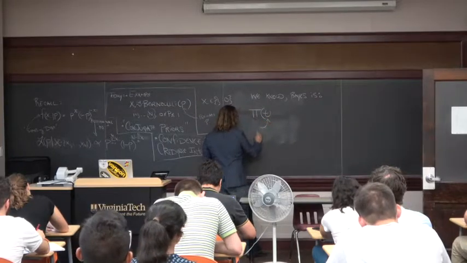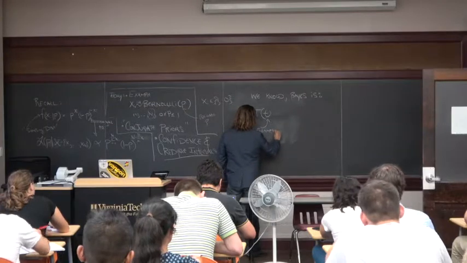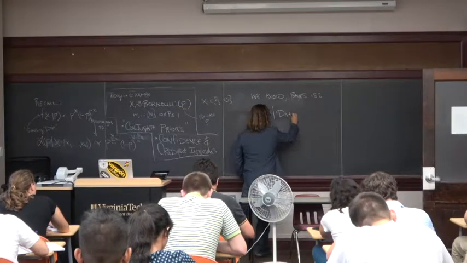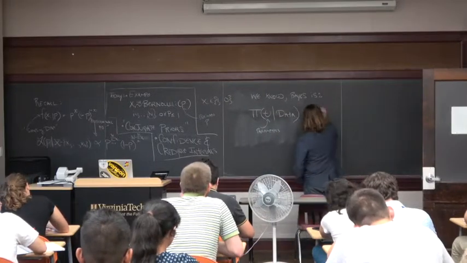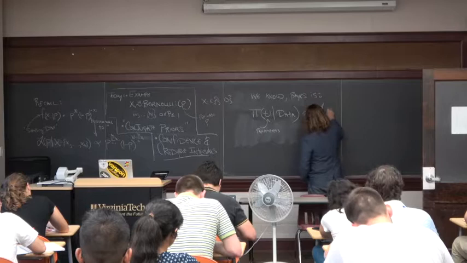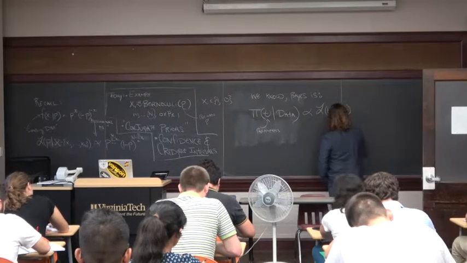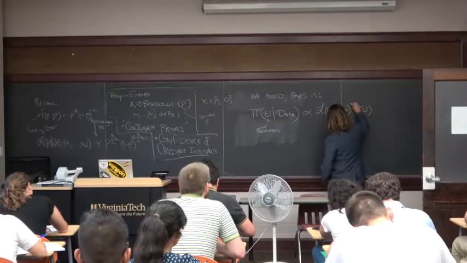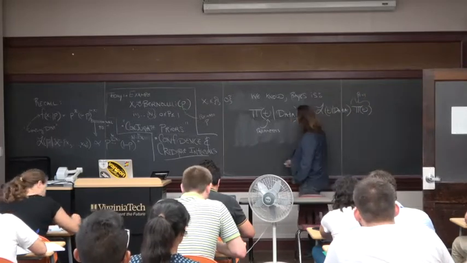So I'll say theta are my parameters, given your data, is going to be proportional to the likelihood function of your parameters, given your data, times a prior distribution, pi theta. So here's your prior. Here's your posterior.